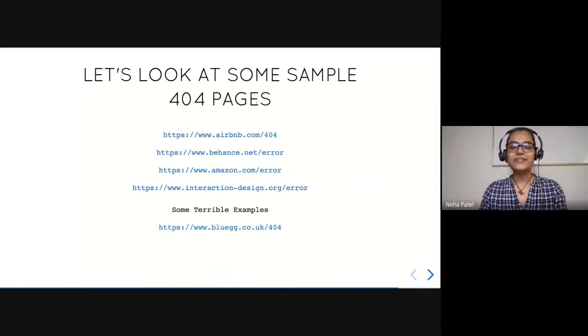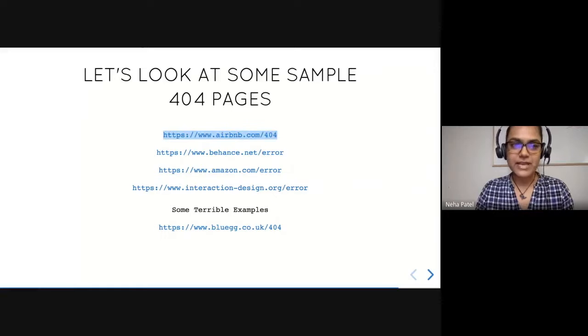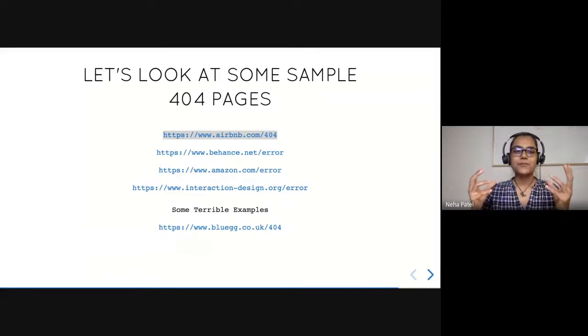Now let's take a look at some 404 sample pages. I have a really good example here that I really like. 404 not found for Airbnb. See, they have a girl who just made a mess. Now, Airbnb is in the hospitality industry, so this is not something that they want to show, that this is something we do.